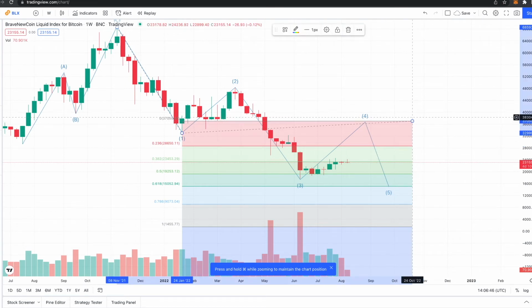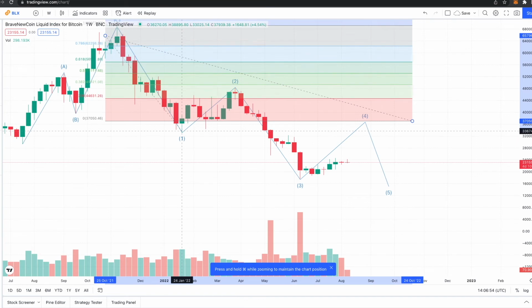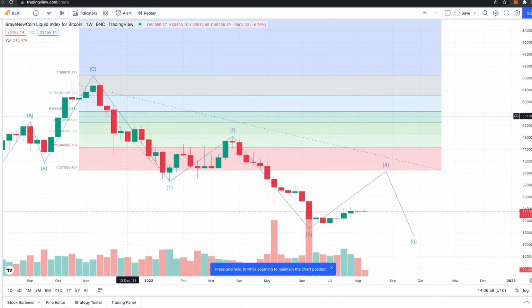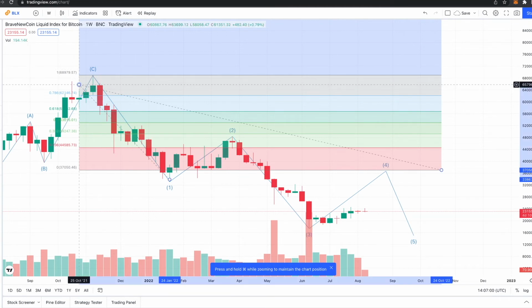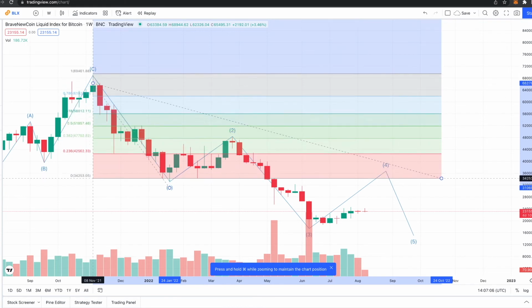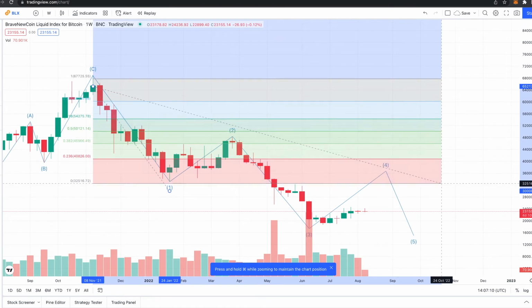Okay, so let's just try this another way. If we put it upside down, that's my wave 1 top, wave 2 bottom.